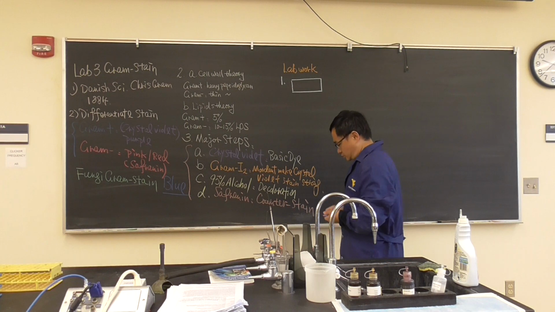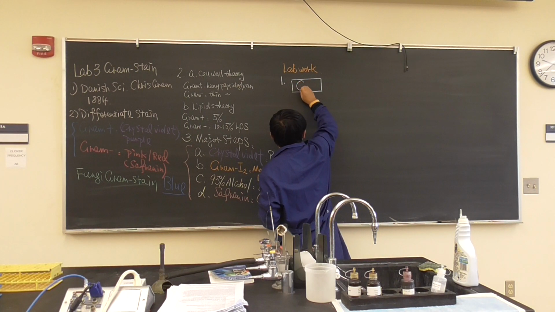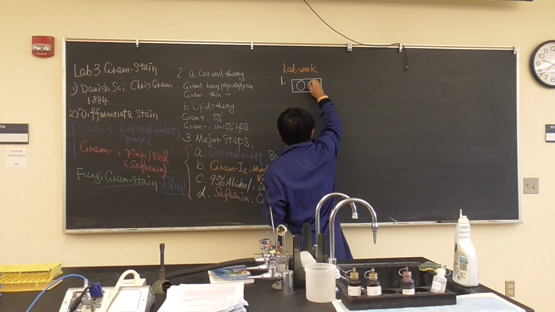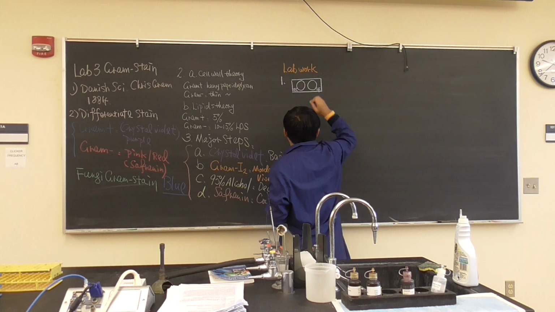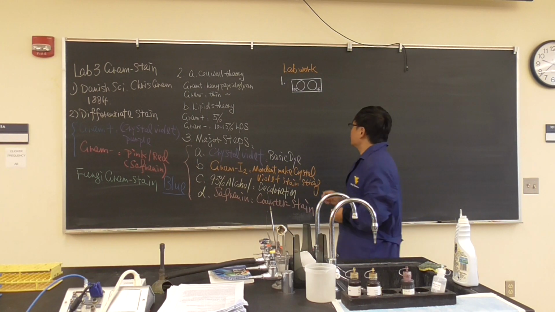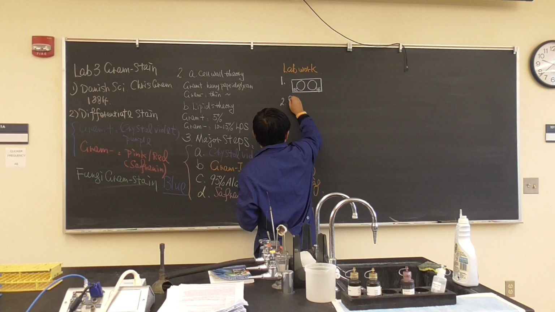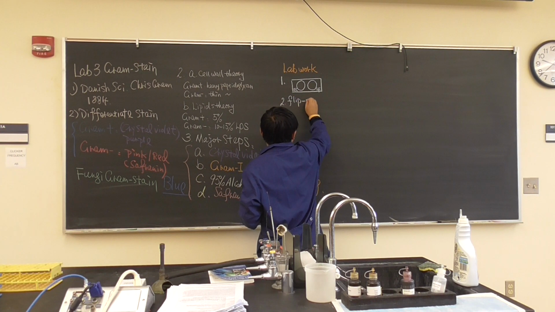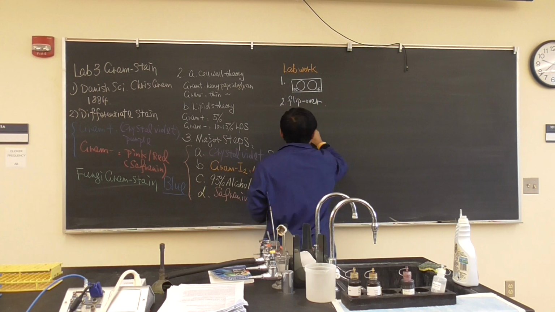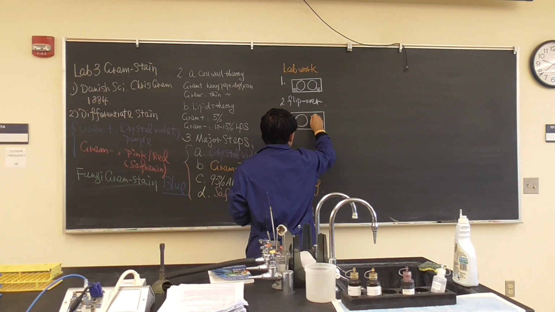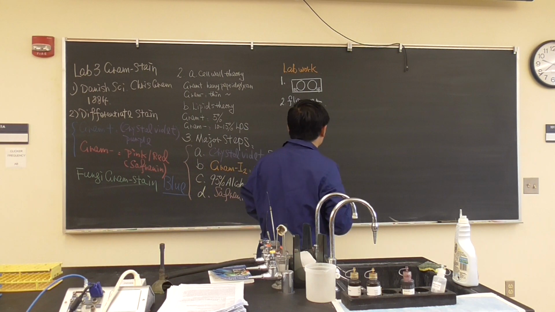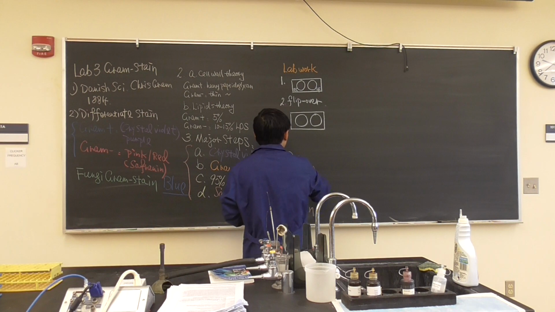On the glass slide, you're going to draw two big circles. On the left side, we're going to do E. coli. On the right side, we're going to do lactobacillus. Now second thing, we flip it over, and then we're going to add a smear there.